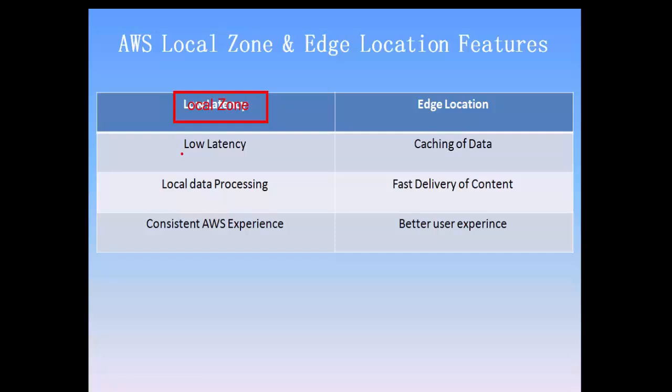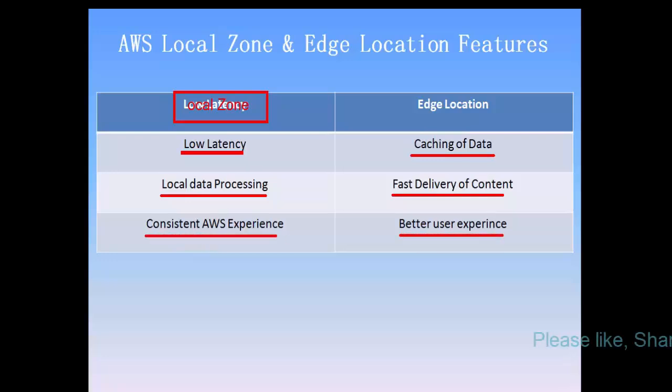Local zone is for low latency, to reduce the latency time, and edge location is basically caching of data. A local zone has local data processing power, meaning compute, storage, and all other resources, fast delivery of content, consistent user experience, better user experience.